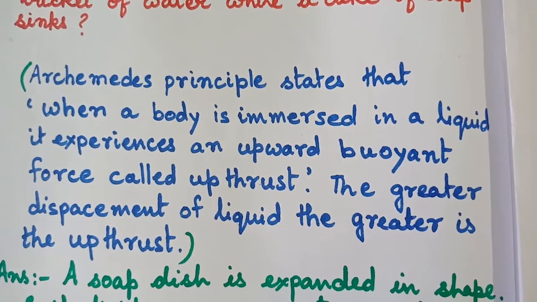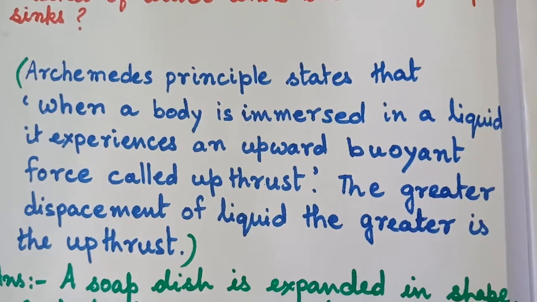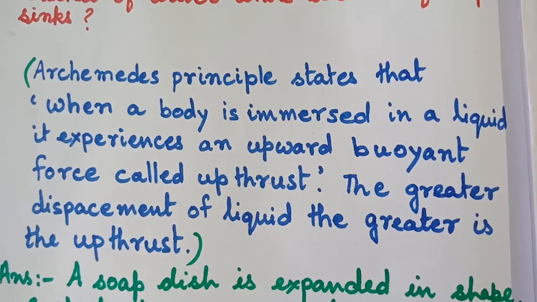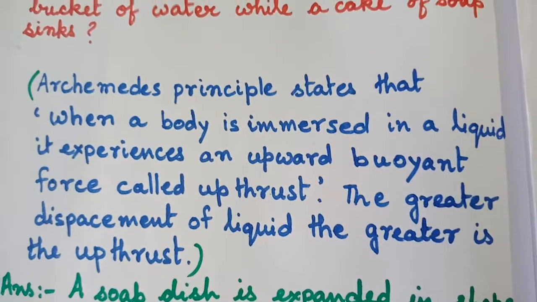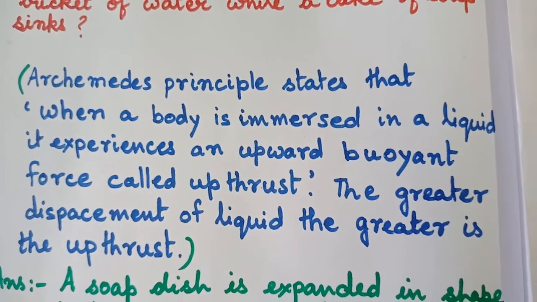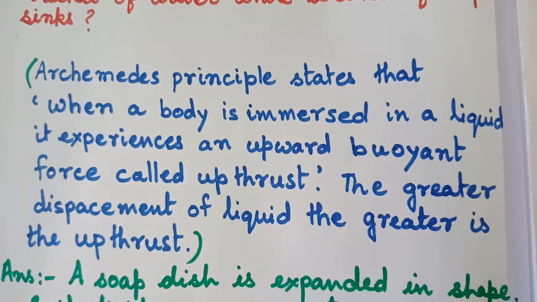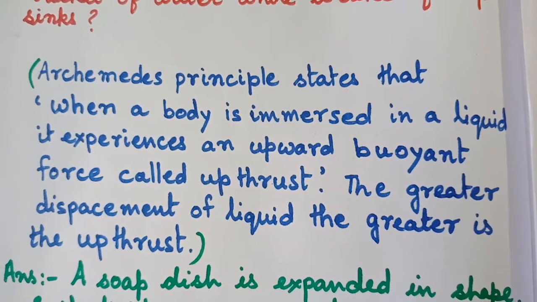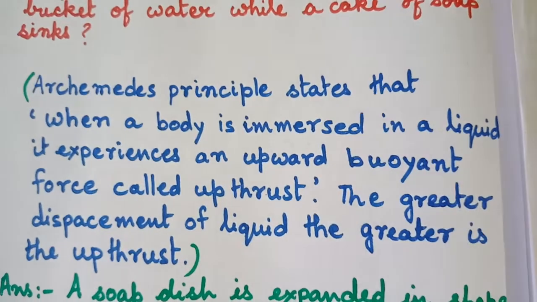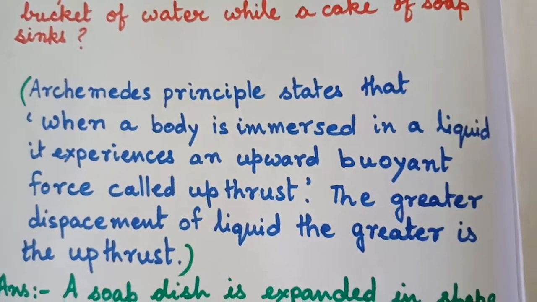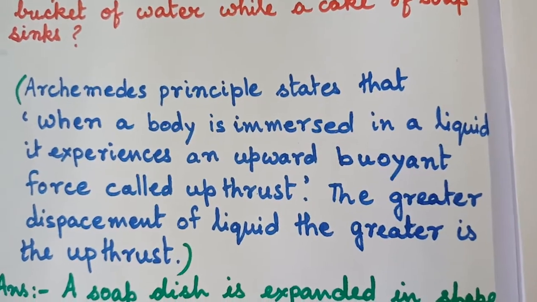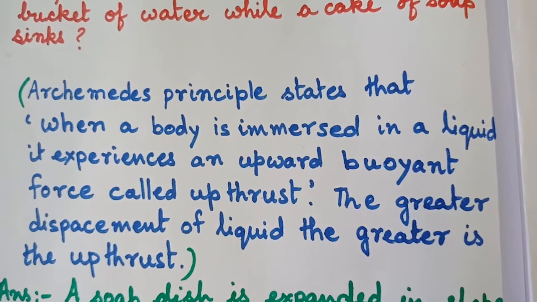Archimedes' principle states that when a body is immersed in a liquid, when something is put inside a liquid, it experiences an upward buoyant force called upthrust. The force which is upward is known as upthrust. It is also known as buoyant force.